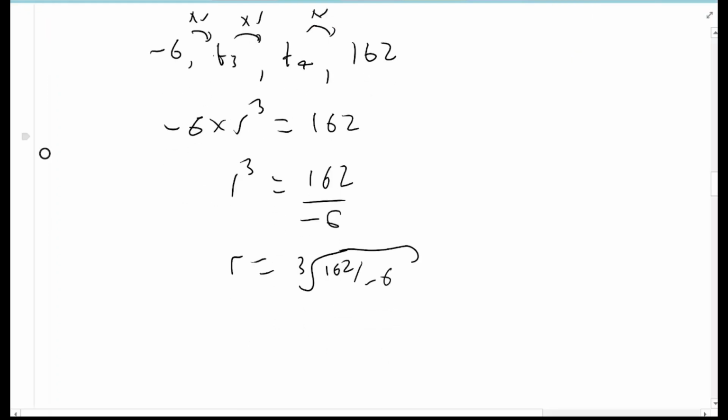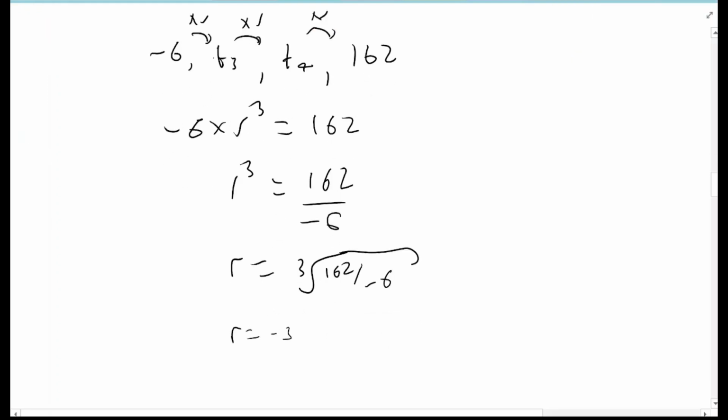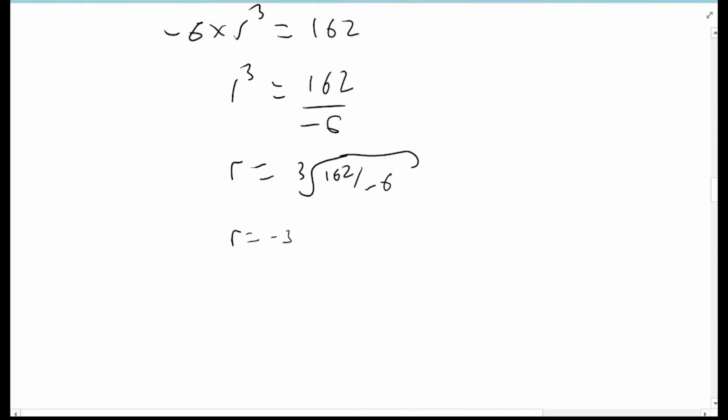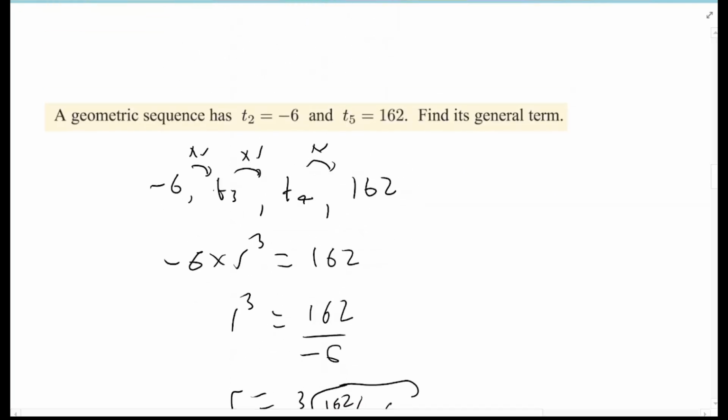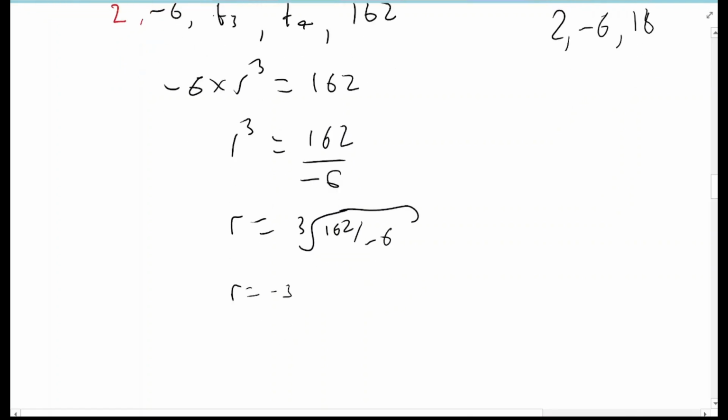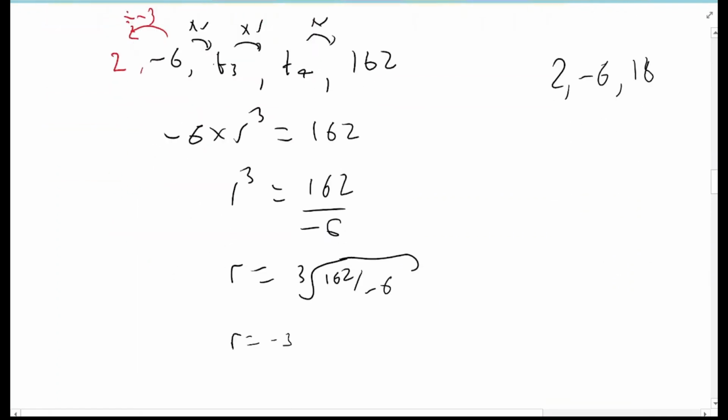So that gives me -3. So it looks like I'm timesing by -3 each time. So if t2 is -6, then I could divide by -3 there to get t1 being +2. So that's our sequence. It goes 2, -6, and then it will go +18 because we're timesing by -3 each time. Find its general term.